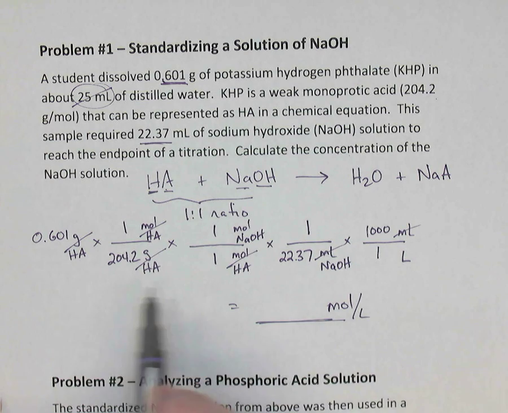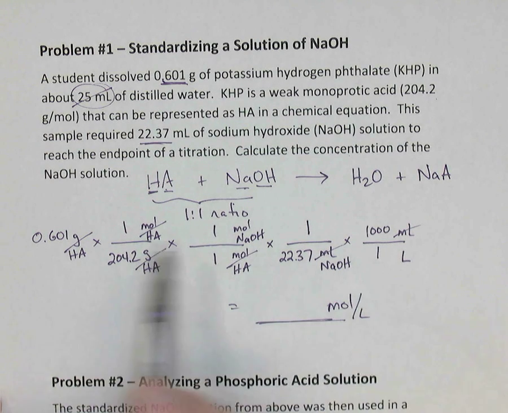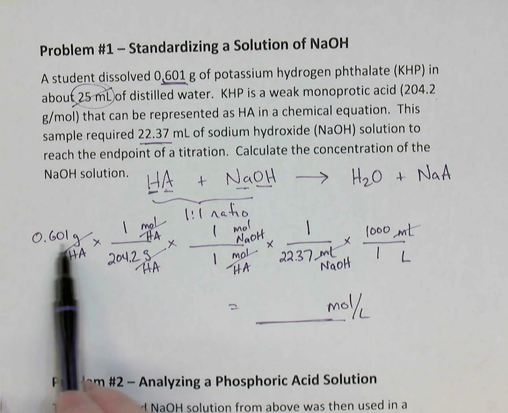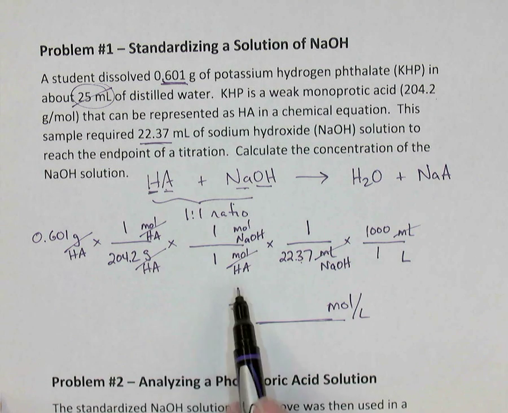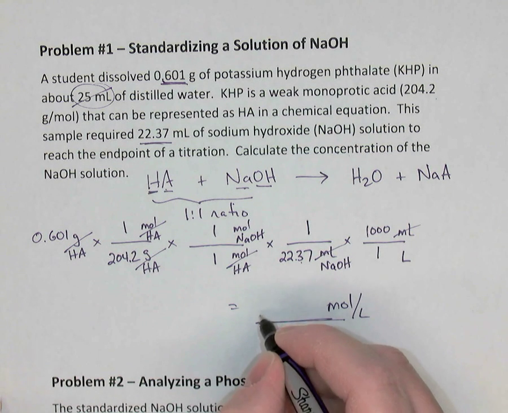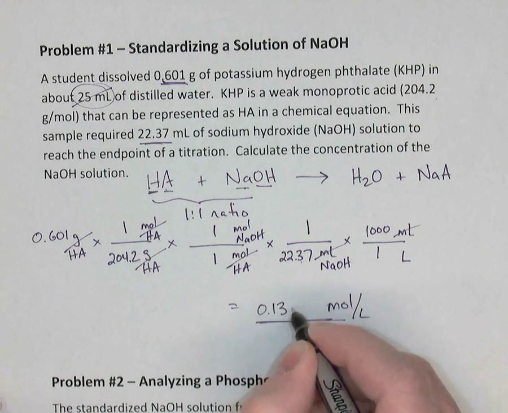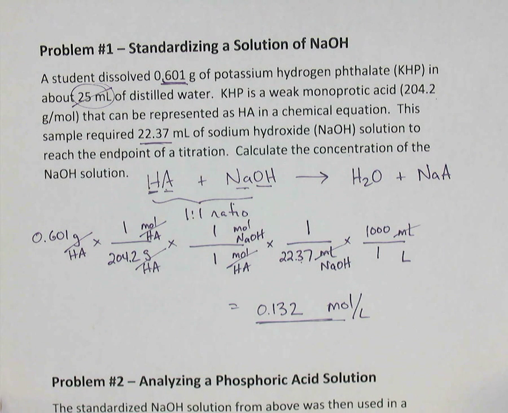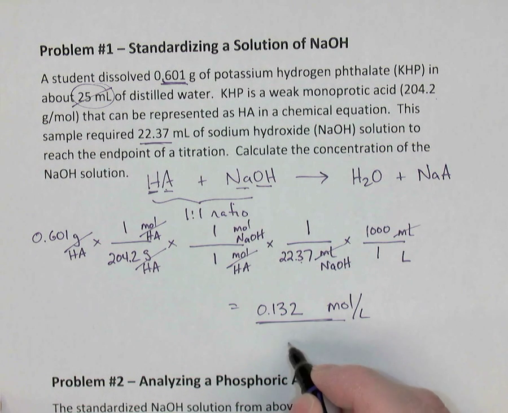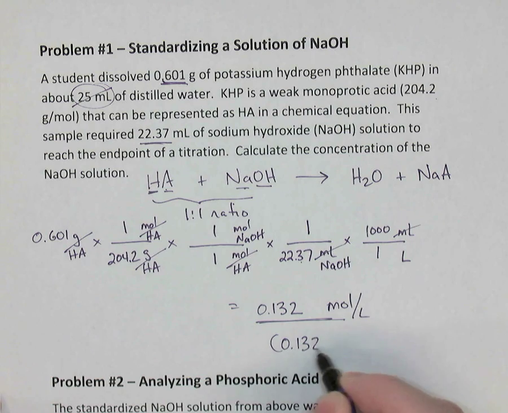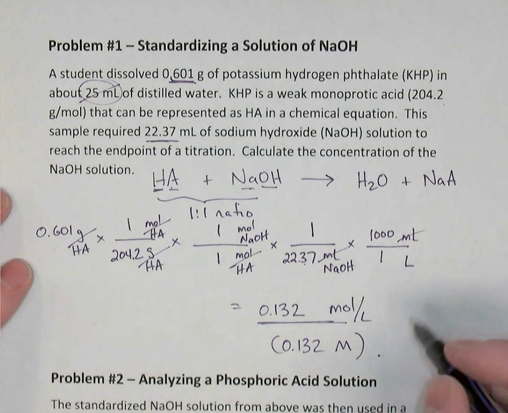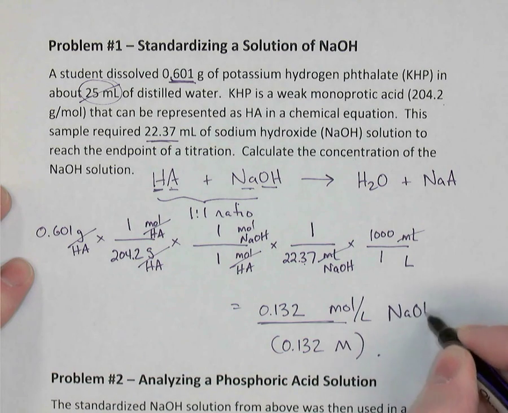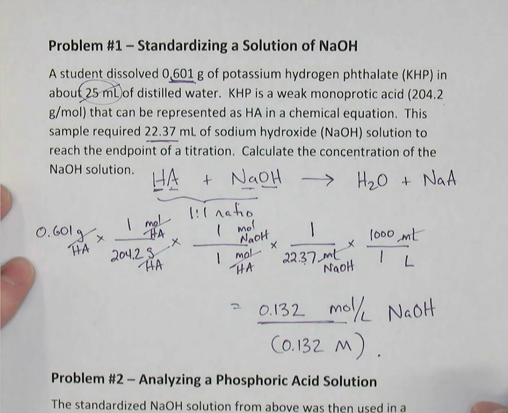So grabbing a calculator and then rounding off our answer to 3 significant digits, right? There's 3 digits divided by 4 digits divided by 4 digits, so we're only going to keep 3 digits in the answer. We get 0.132 moles per liter, or 0.132 molarity if you prefer. Okay, so there's the concentration of the sodium hydroxide solution.